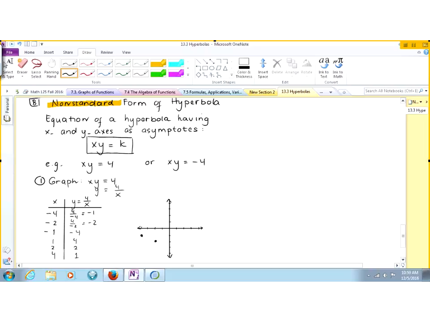Negative 2 comma negative 2 is right here. And then negative 1 comma negative 4 is right here. And then this is 1 comma 4, 2 comma 2, so 1 comma 4 is higher, and then 4 comma 1. Okay, so it's going to look like this.